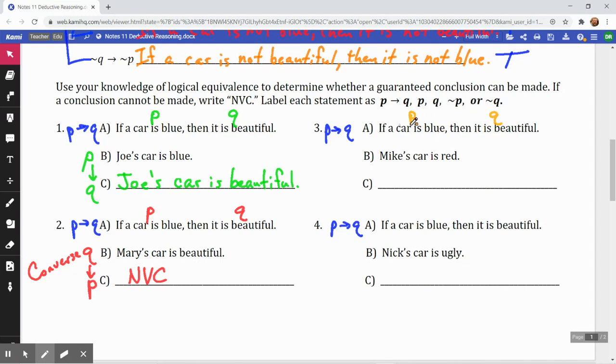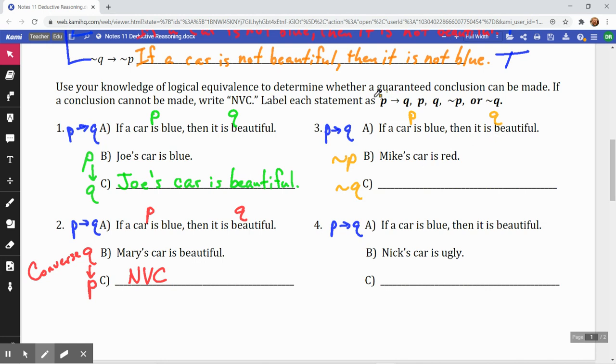So if P is talking about a car being blue, if we say Mike's car is red, that is not blue. And so we're going to represent this as the negation of P, so the opposite of P. And if this is starting with the opposite of P, if we're going to make a claim, whatever that claim is should refer to the opposite of our conclusion Q.